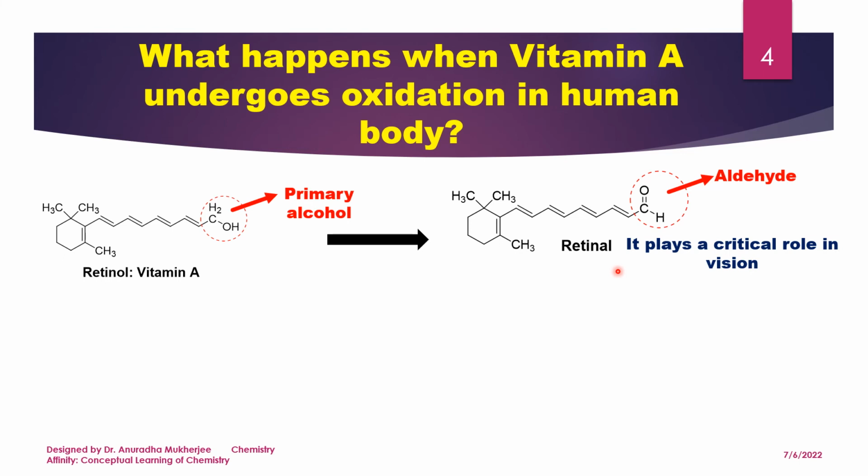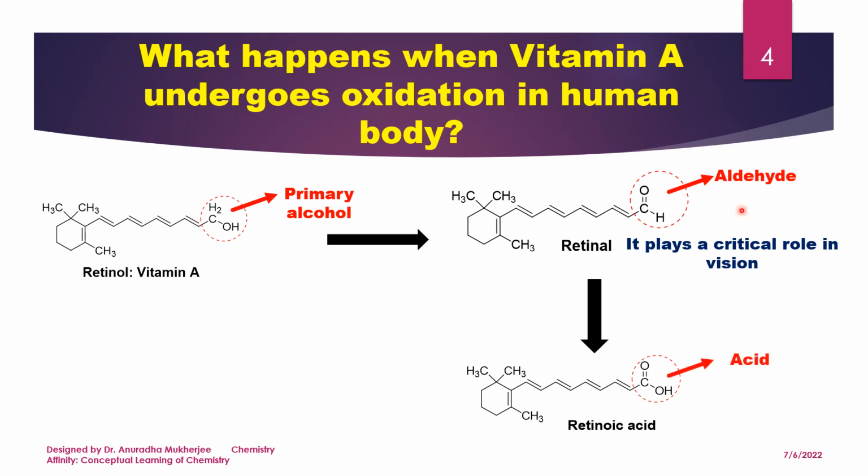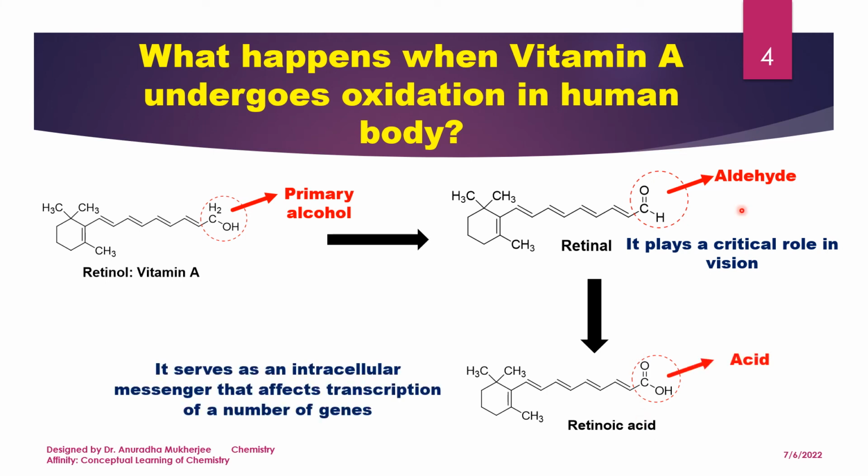It plays a critical role in vision. So the aldehyde will further oxidize to an acid. Same thing, just the functional group oxidized to an acid, COOH, carboxylic acid, which is called retinoic acid. Now retinoic acid serves as an intracellular messenger that affects the transcription of a number of genes.